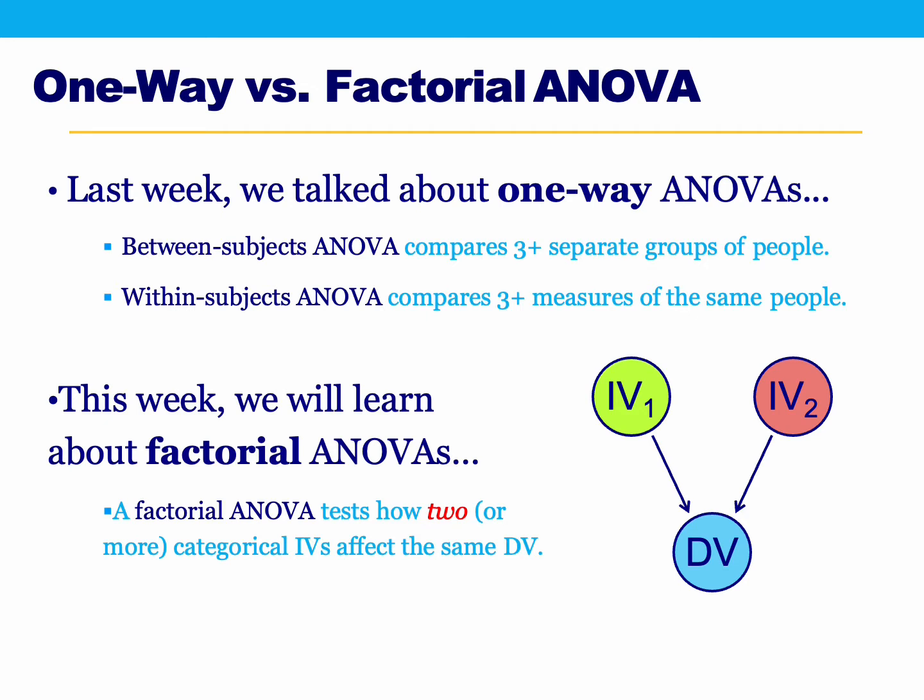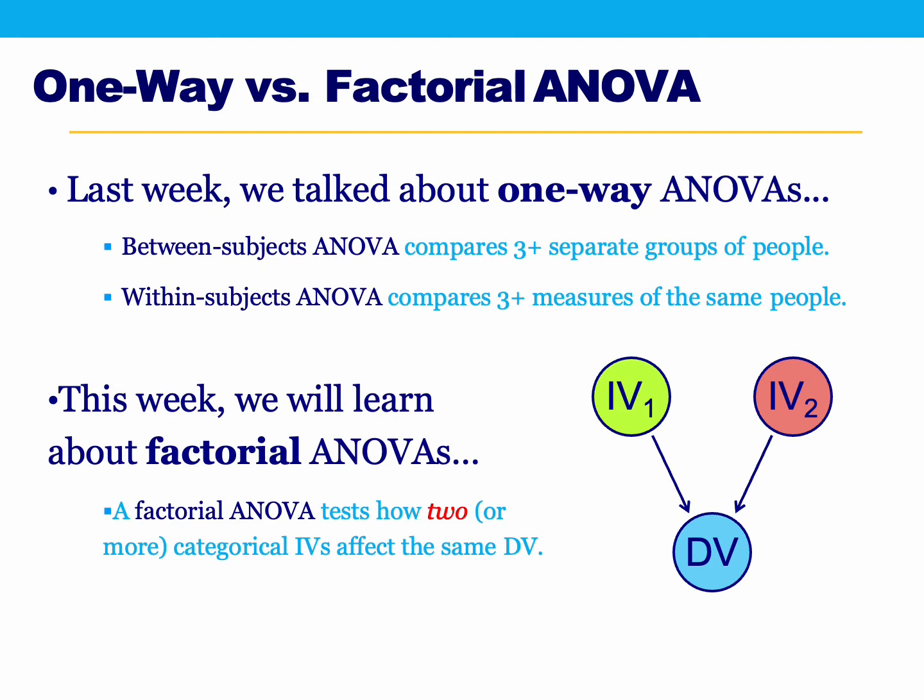Whenever we hear the term one-way in the context of statistics, we are referring to an experiment where we are looking at the effects of one categorical independent variable on a continuous dependent variable. And we can either have a between subjects design or a within subjects design.